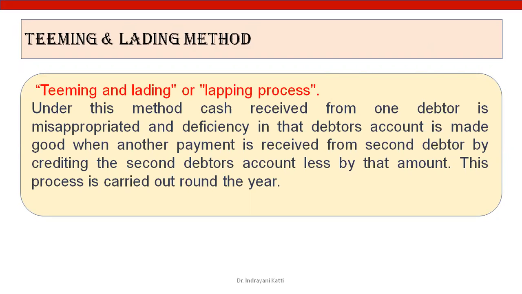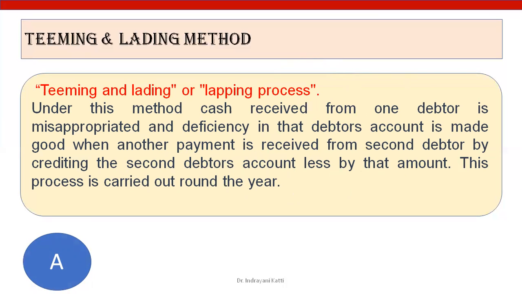So that is why, under this method, cash received from one debtor is misappropriated and the deficiency in that debtor's account is made good when another payment is received from a second debtor, by crediting the second debtor's account less by that amount. So this process is known as the teeming and lading method, and this process is carried out round the year. If he begins it initially, until the end of the year he does the same thing.